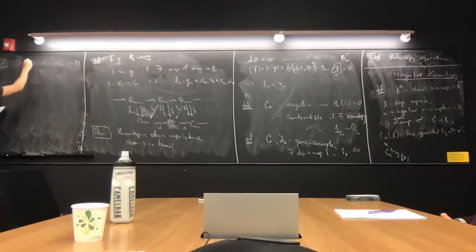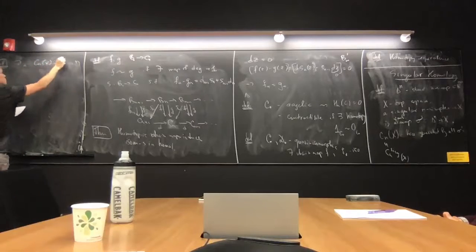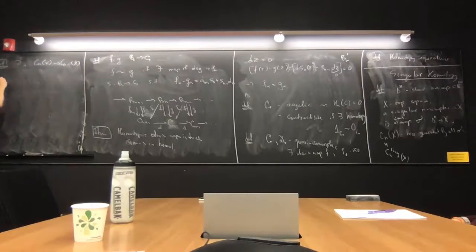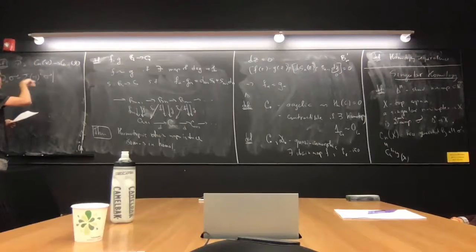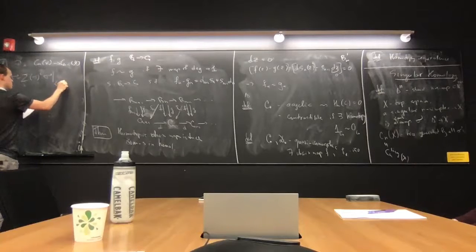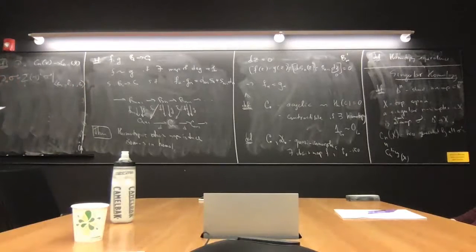So we have delta n, the boundary of a sigma is just the sum of (-1)^i times sigma restricted to the faces of the standard simplex, so e_0, ..., e_i dropped, and so on.